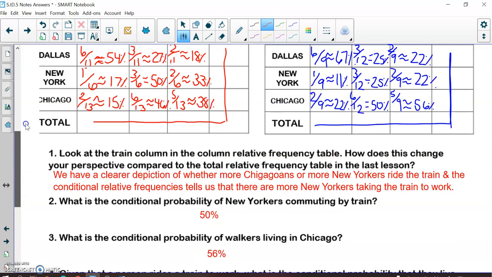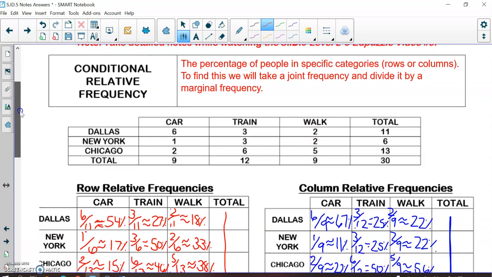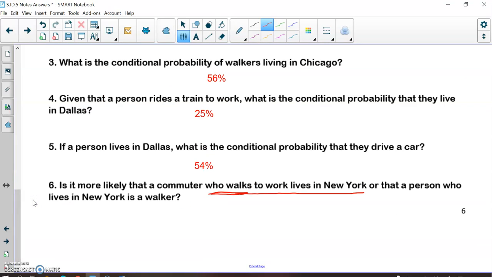So let's look at our table. Out of all the walkers, there were 9 walkers. How many lived in New York? That was 2. So 2 out of 9, notice how I'm working on this column. That's the column relative frequency. So 2 out of 9 was about 22%. So that was about 22% for the first sentence.